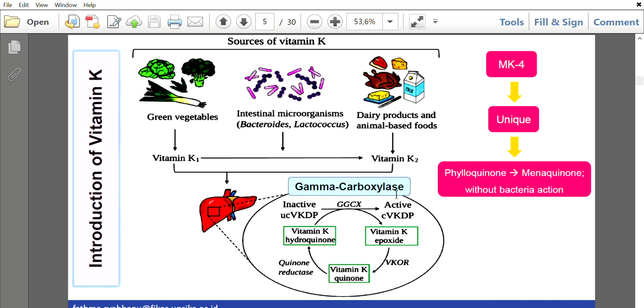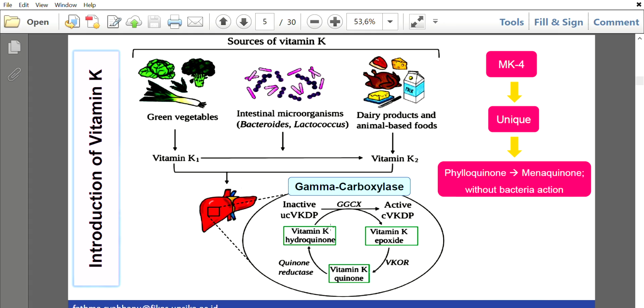Gamma carboxylase can work because of the role of vitamin K. The activated vitamin K is the hydroquinone. Vitamin K hydroquinone is the active form of vitamin K, and it has a good effect for our body.